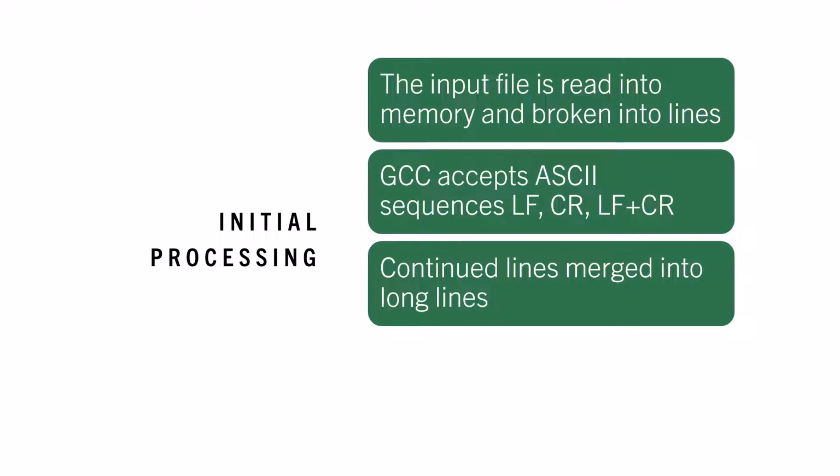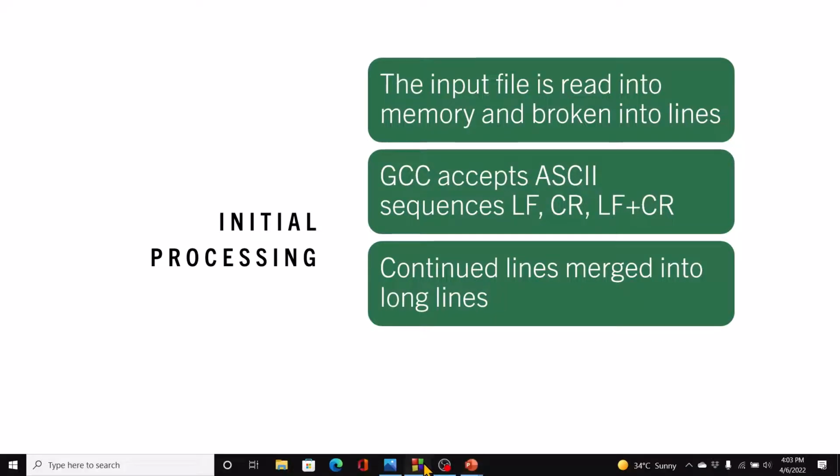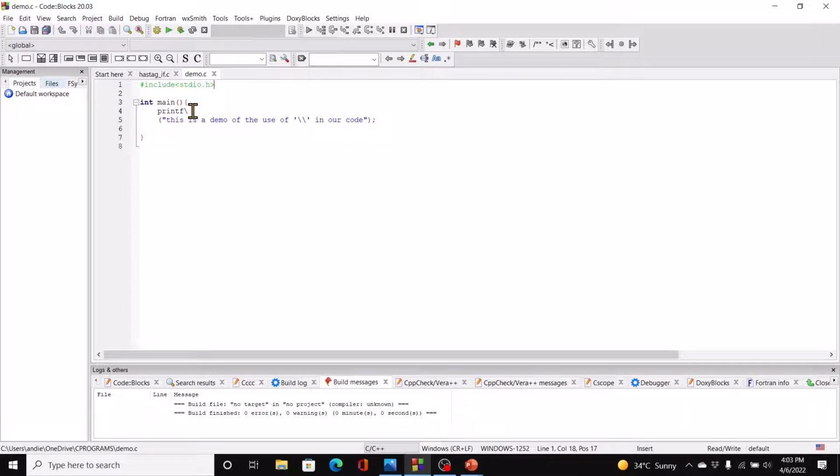So this is best explained through a very short program. You can see here I've put in a backslash, right? And this would be considered a continued line. So when the preprocessor transforms this code, this will be read as one instruction.